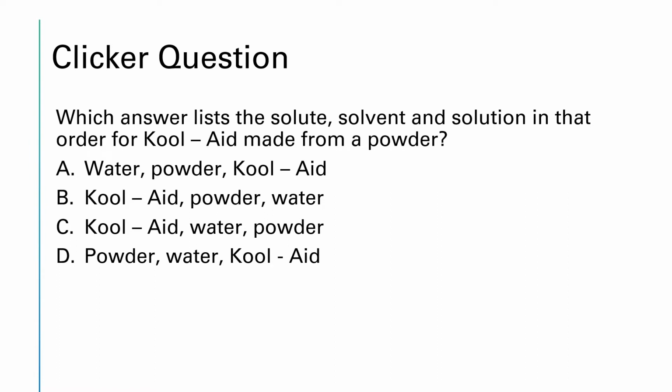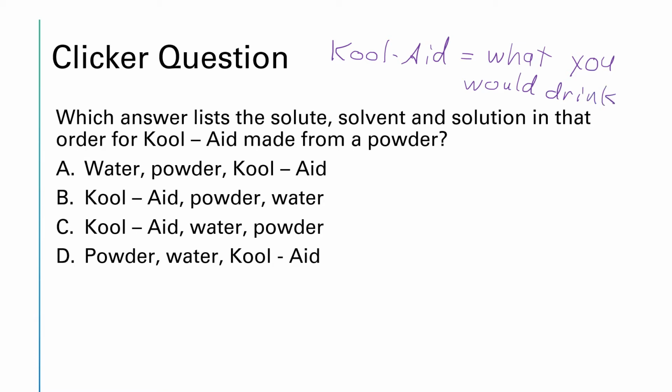So let's get a little practice in using this vocabulary correctly. This question asks us, how would we list the solute, solvent, and solution if we're going to make Kool-Aid from a powder? And when I say Kool-Aid, Kool-Aid means the stuff that you would drink. And then the powder is what you would mix with water when you make a Kool-Aid.